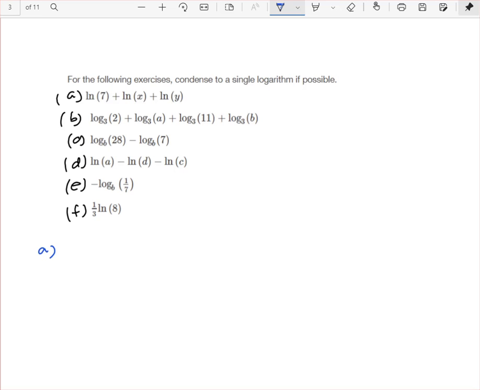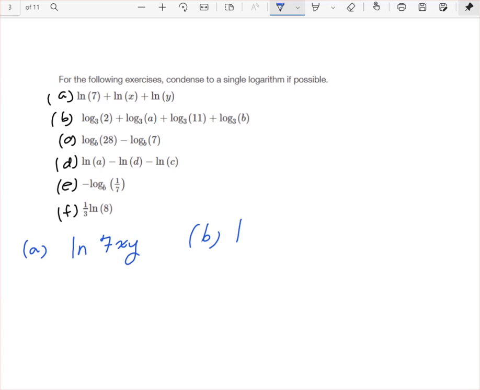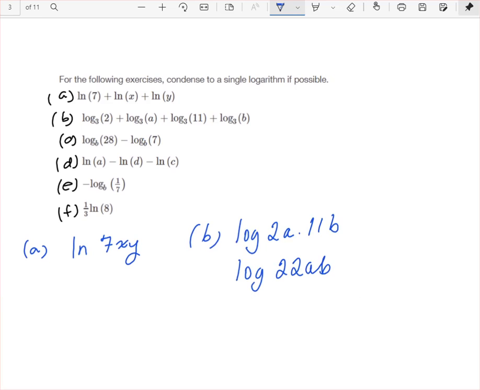If there are no numbers in front, then I just create a single log, and everything that is added must be multiplied in my answer. If you see this one, everything is added and there are no numbers in front, so this would be log of 2a times 11b. You could always rewrite it as 22ab, and that's still correct.